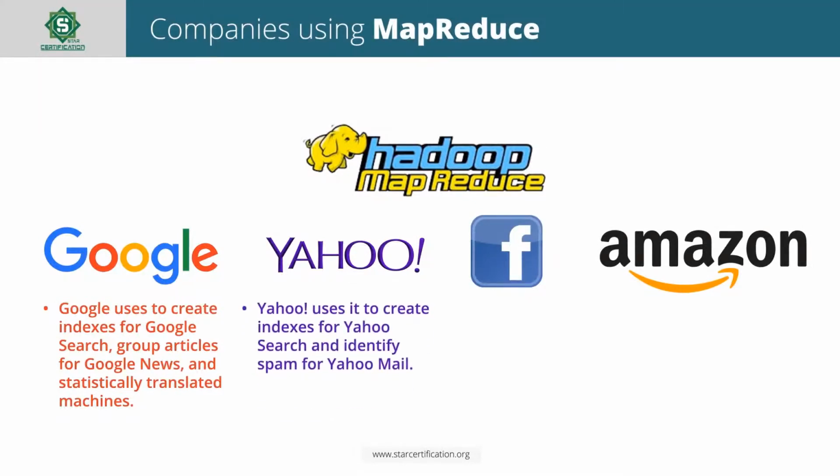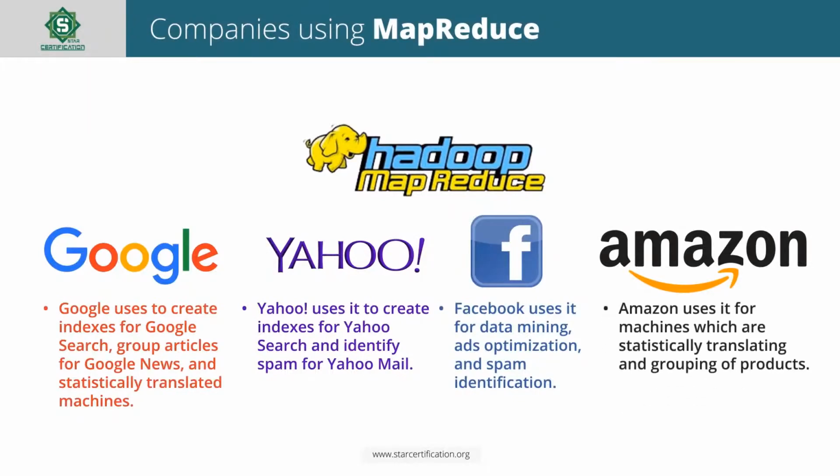Yahoo uses it to create indexes for Yahoo search and identify spam for Yahoo Mail. Facebook uses it for data mining, ads optimization, and spam identification. Amazon uses it for statistical machine translation and grouping of products.